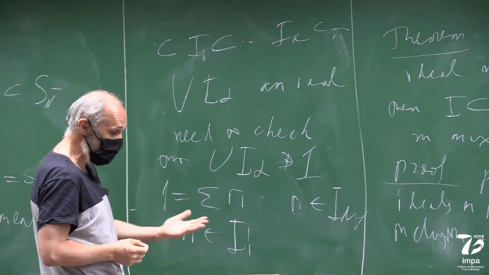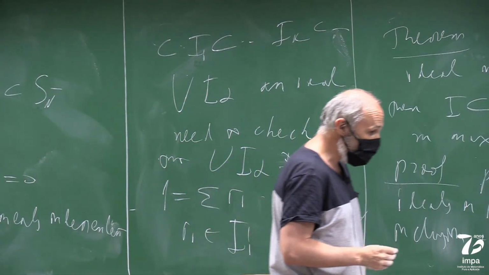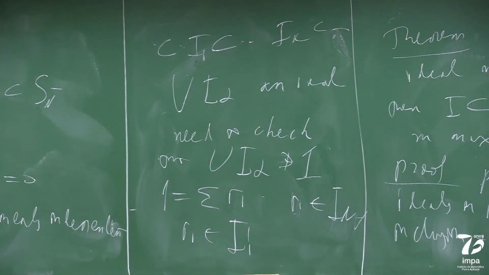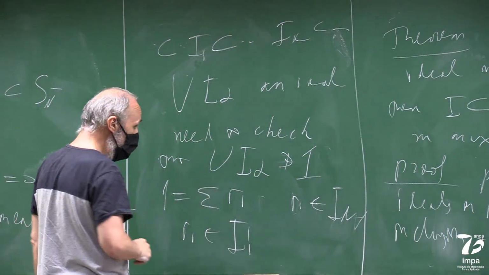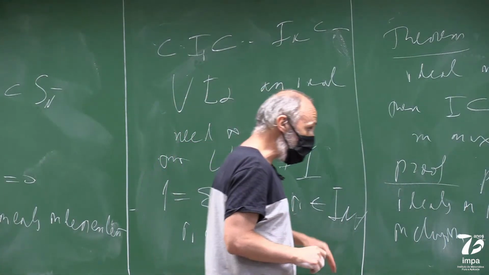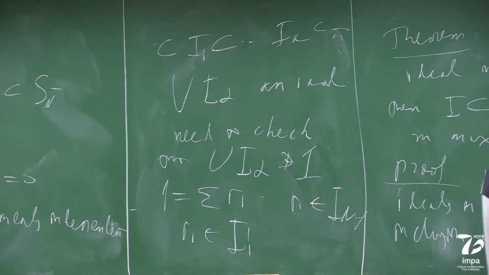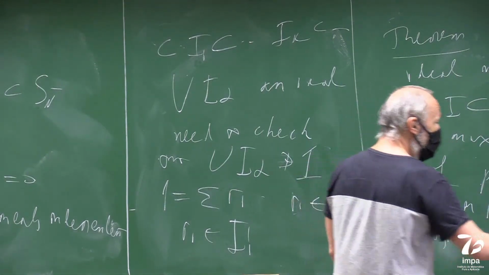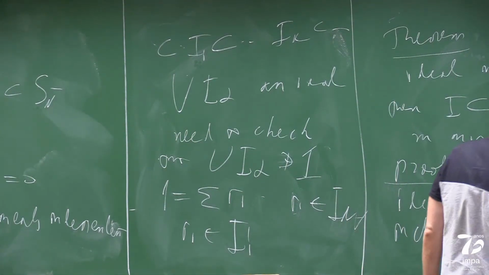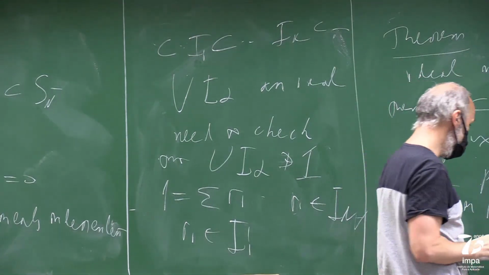The unity belongs to this ideal, which is impossible because this is an ideal, and we don't allow ideals to contain unity. OK, this proves that we can apply Zorn's lemma. And this implies that we have maximal ideals containing every ideal.